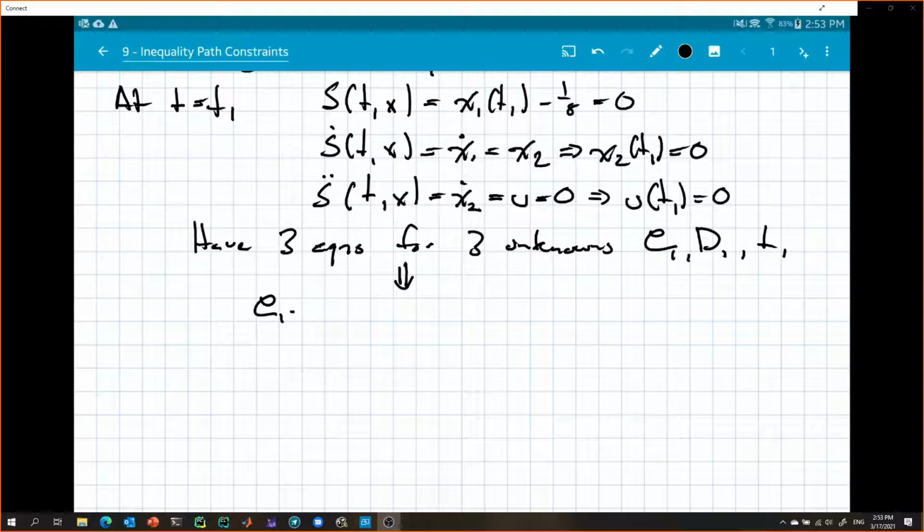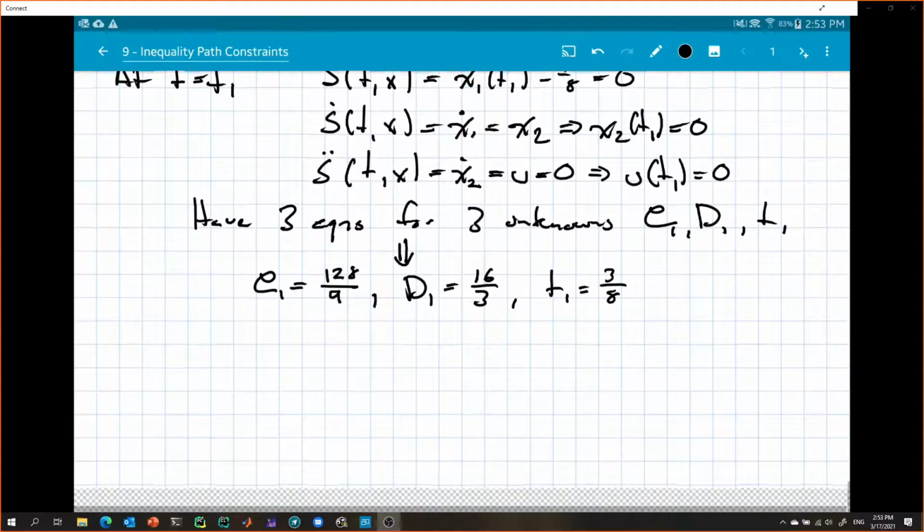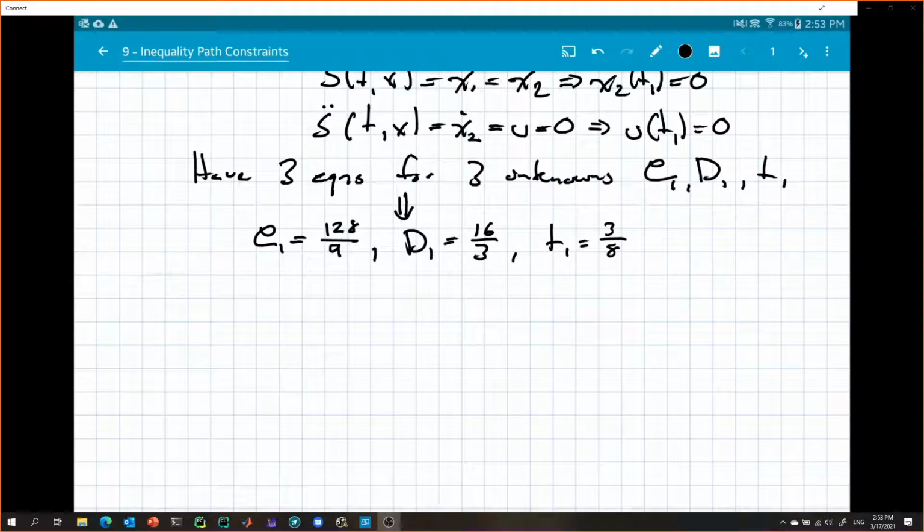This is what I had in the original notes. But we have C1 is equal to 128/9, D1 is equal to 16 thirds. And T1, and this is actually the one that kind of matters, these are just numbers, they're bound to change, but we have T1 is equal to 3/8.